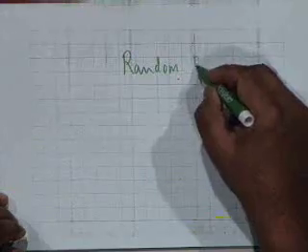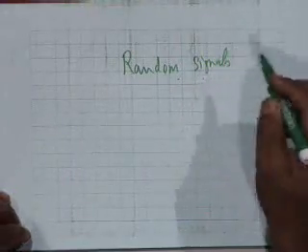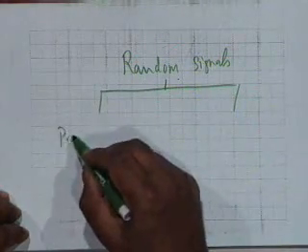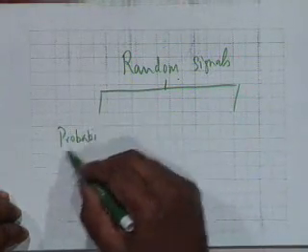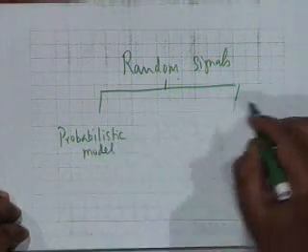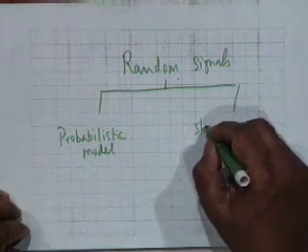Now, there are basically two kinds of models for characterizing random signals. One is the probabilistic model, and the other is the statistical model.